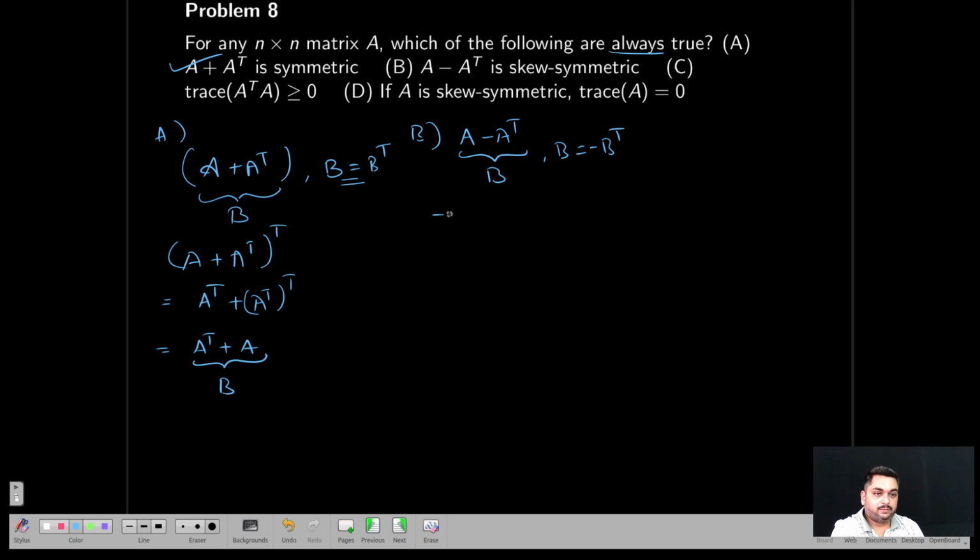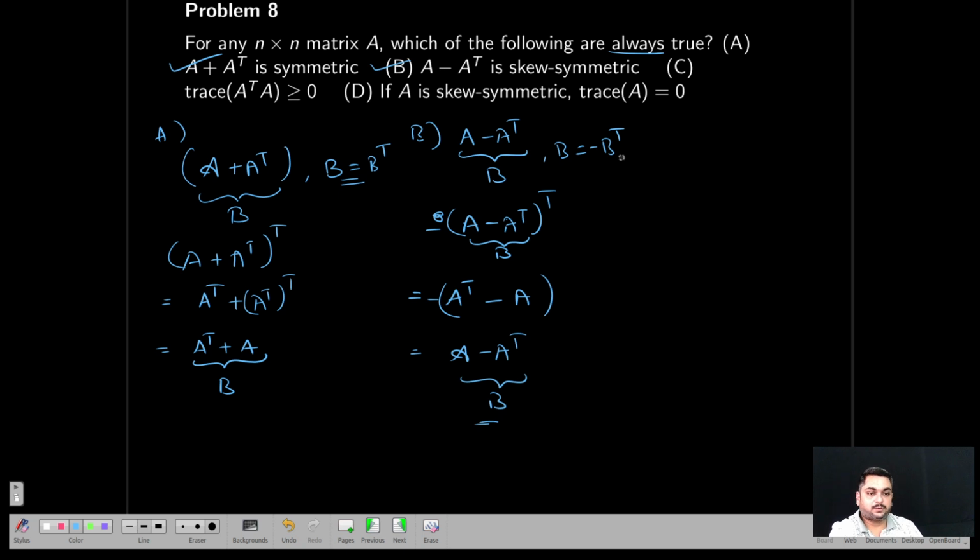A minus A transpose is B, right? I'm taking the transpose of it. This will be A transpose minus A. And then we have one minus outside because of minus B transpose. This will be A minus A transpose. This is nothing but again B. Hence this is also skew symmetric.